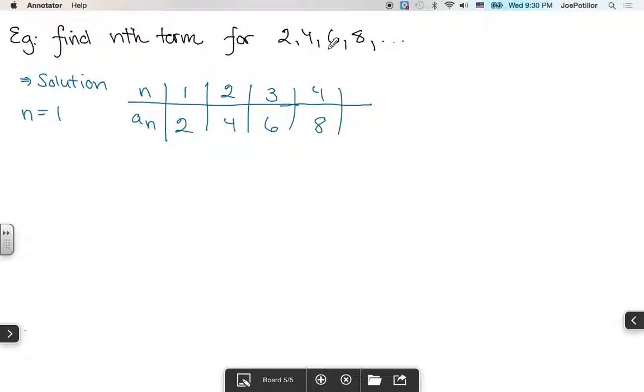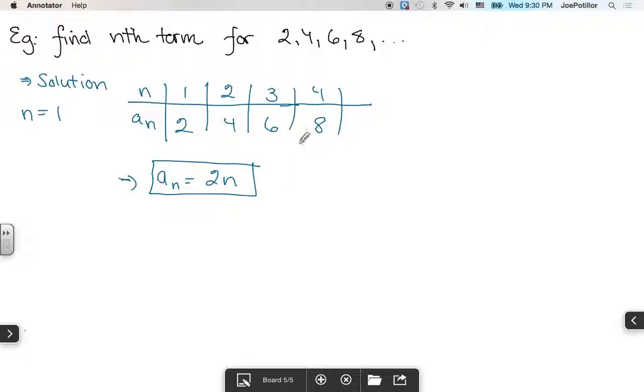Obviously here you can see that the sequence is twice n. To get from this one to this one, everything is being multiplied by 2. So you could simply say a sub n is equal to twice n, and be correct.